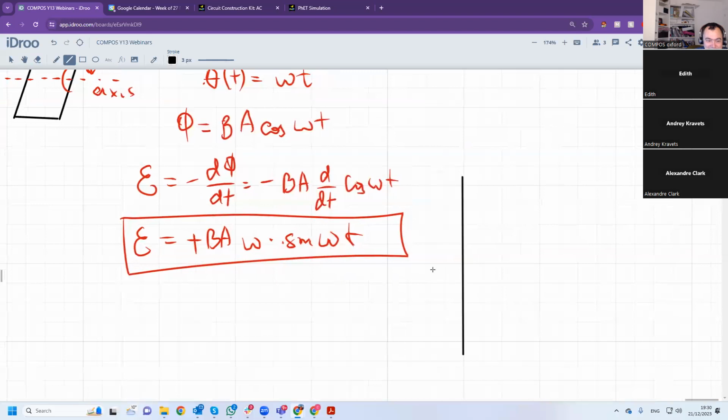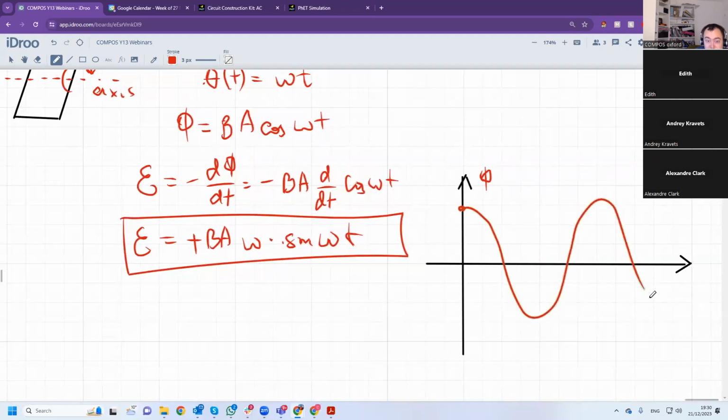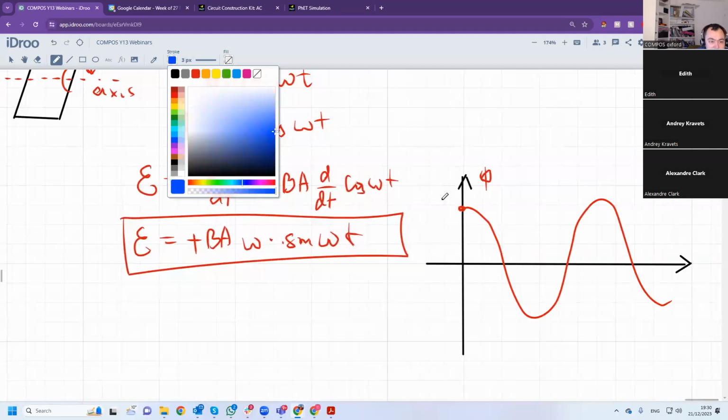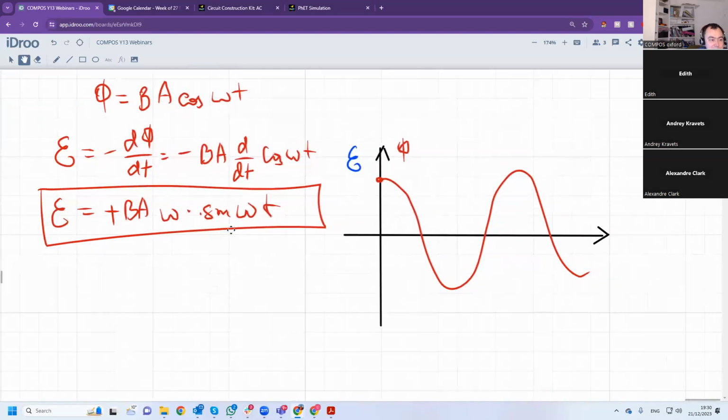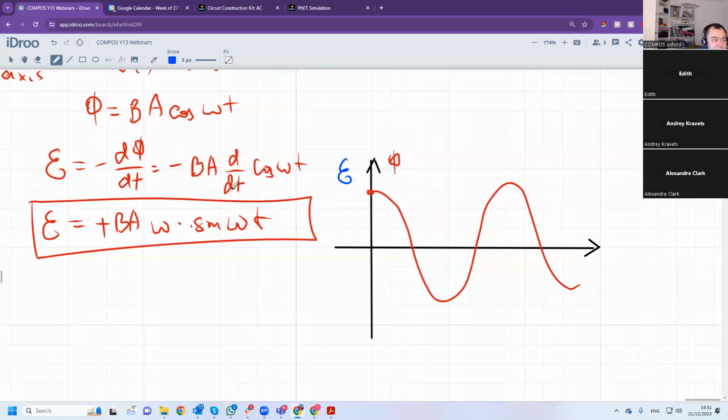Okay, so if you have phi changing as cosine, this is phi. And then if you draw the EMF, it's going to be sine. So EMF is going to be like this.